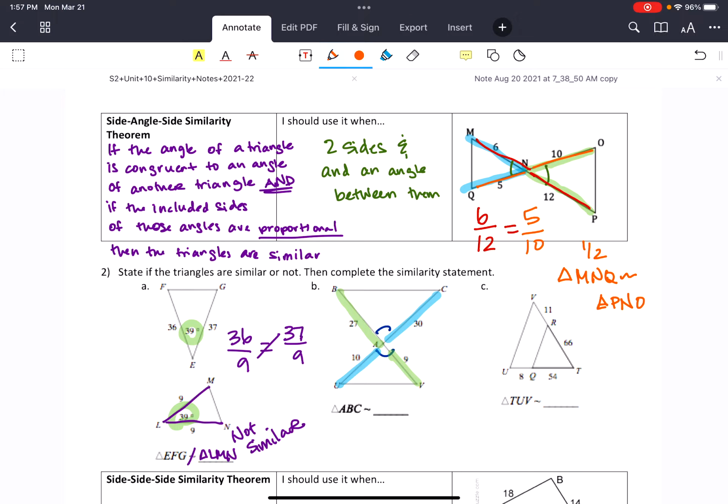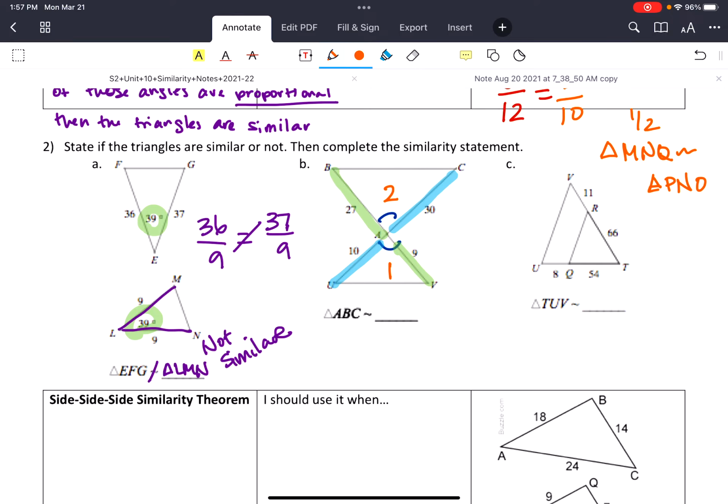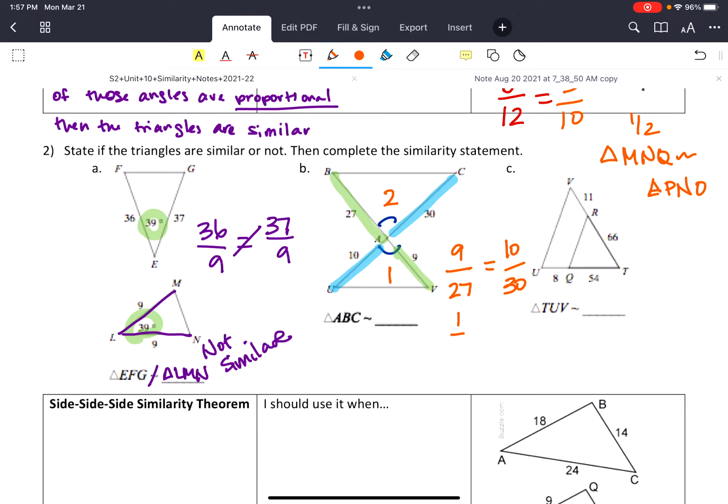I'm going to make this triangle number 1 on the bottom and triangle number 2 on the top. So I'm going to put my 2s on the top and my 1s on the bottom. So 9 is going to go with 27, and 10 is going to go with 30. Well, 9 over 27 is 1/3, which is equal to 1/3. This is a similar triangle.